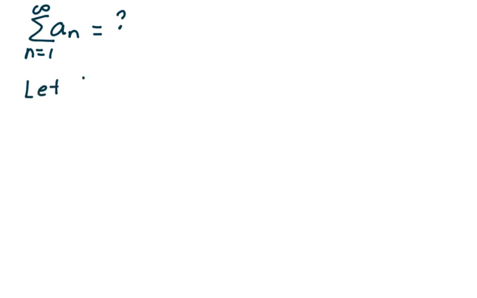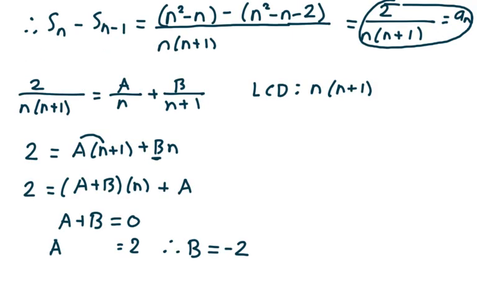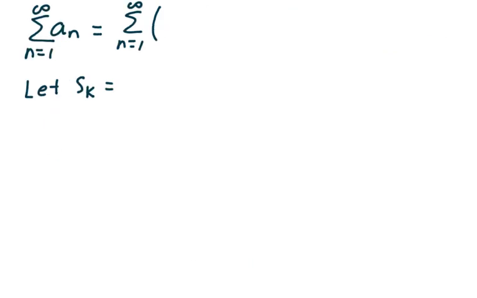So I'm going to let S sub k, I'm going to sum up the first k terms. Here, let me write this down for a sec. This is the summation from n equal 1 to infinity of 2 over n minus 2 over n plus 1.